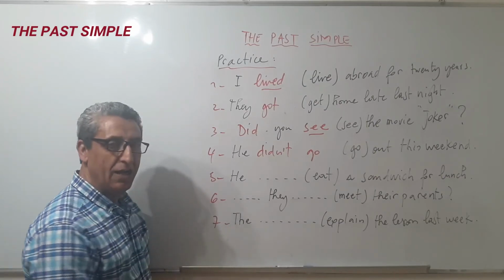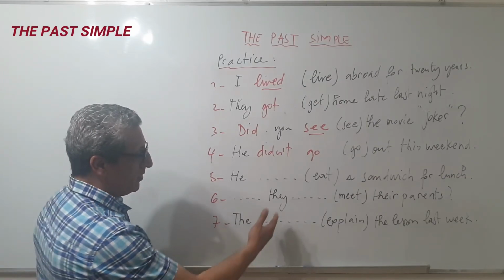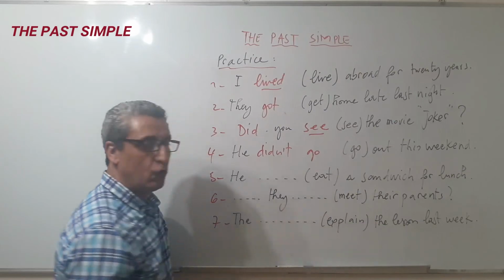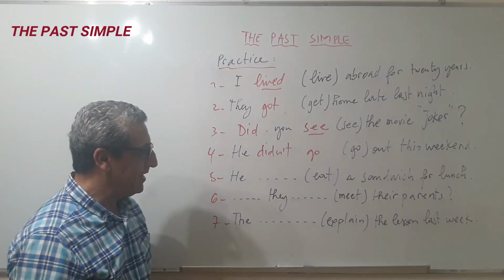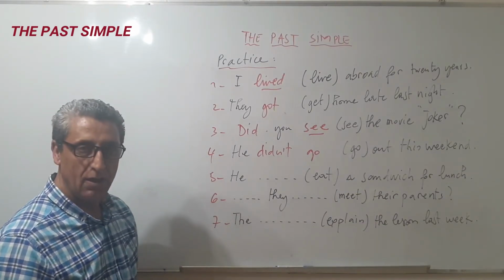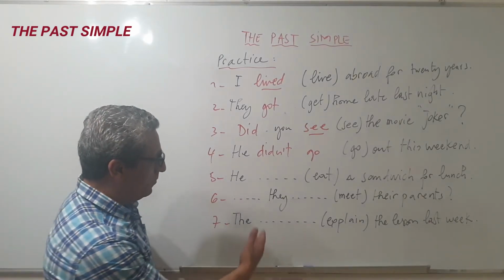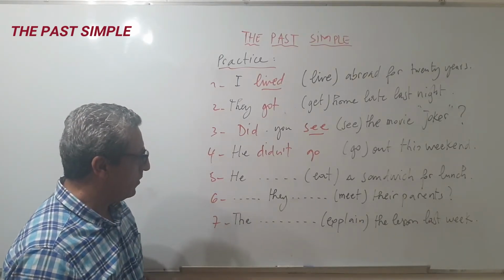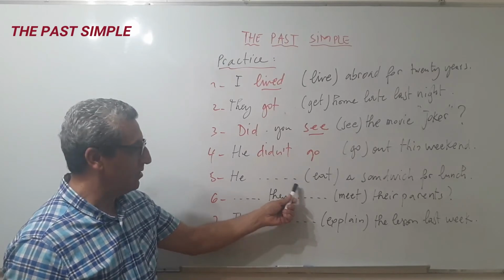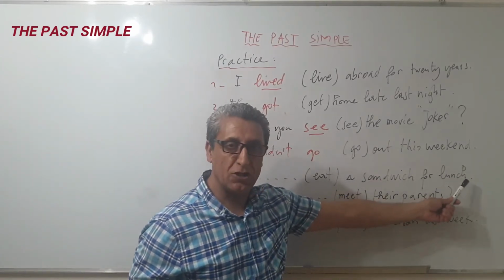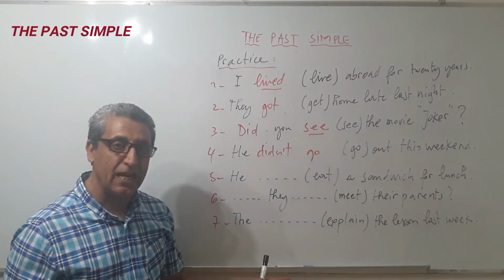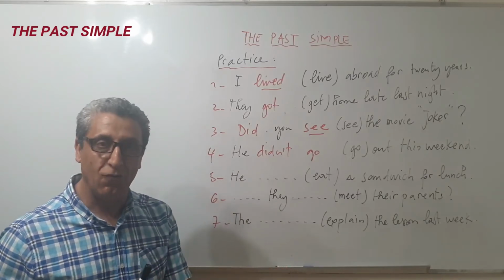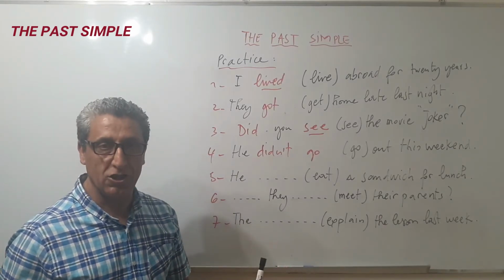Okay, number 5. He eats a sandwich for lunch. So, notice we have only 1 blank space and there is no question mark, which means that this is an affirmative form. It's not a negative, it's not a question. Good.